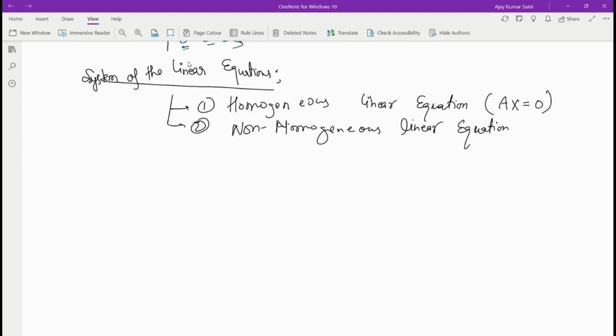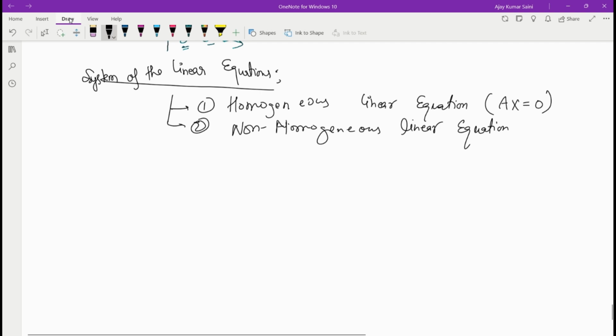Okay, so there are two types, homogeneous and non-homogeneous. First I describe the homogeneous.